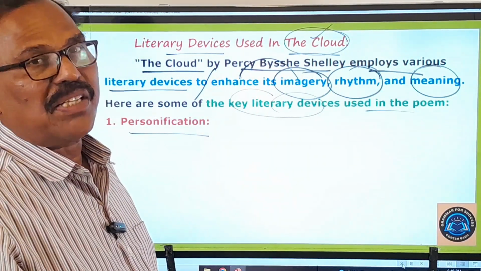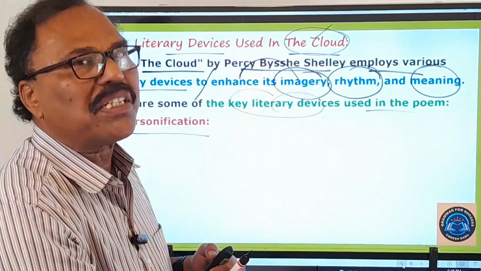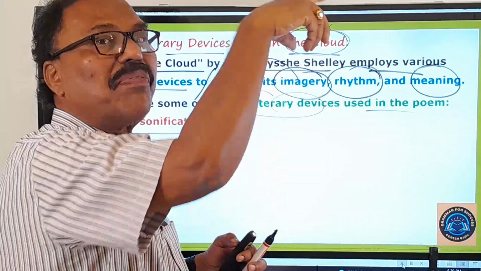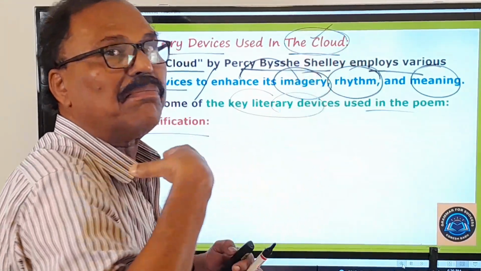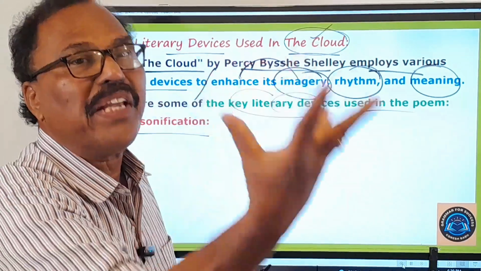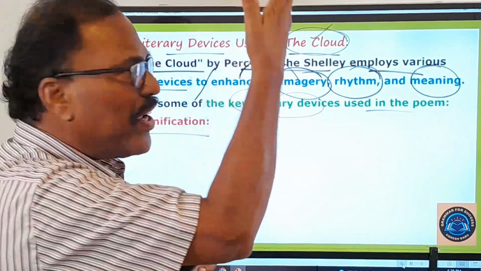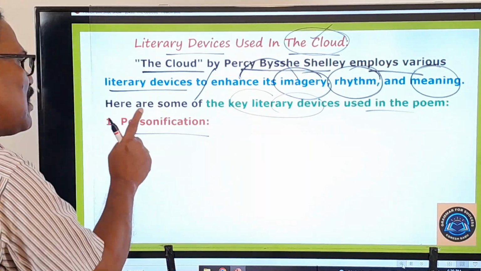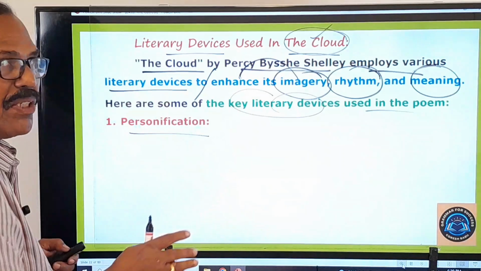Here this cloud is a lifeless object, but in this poem the poet has personified it. He has shown it as if this cloud had human emotions, human feelings, human traits, human qualities, and so on. So in this complete poem, the cloud has been personified. That is the point you have to understand.